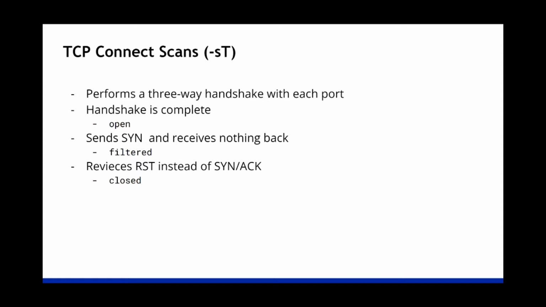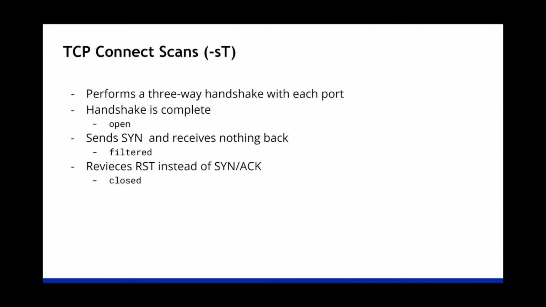RST stands for reset packet. It just means that the port is closed, you can't really connect to it. So we're not going to perform a three-way handshake because it's just closed. Now keep in mind that firewalls can be implemented so that instead of dropping the packet, they send back an RST packet. In that case, you can't really tell by the Nmap scan whether something is actually filtered or closed.